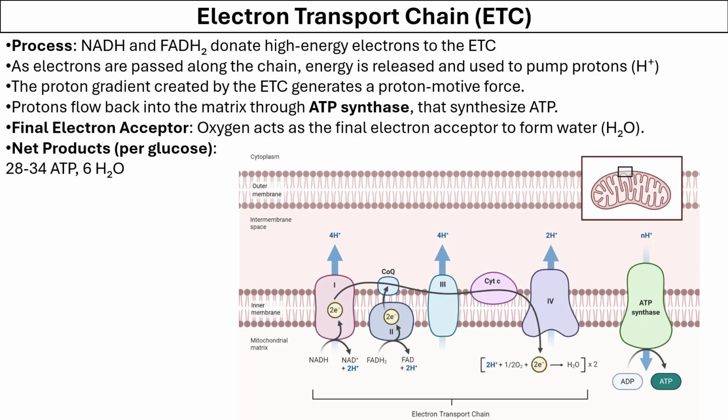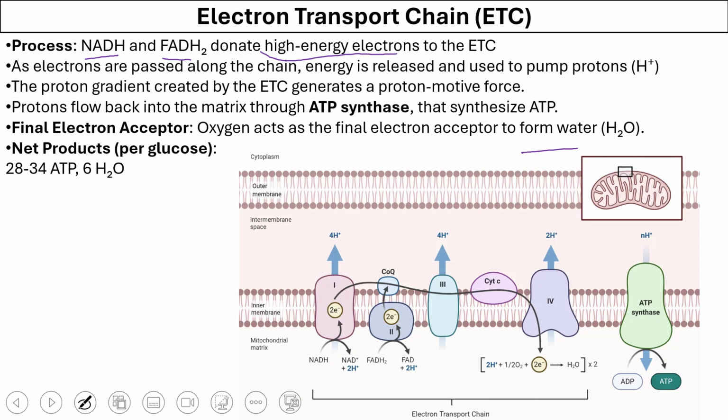Till now, through the 3 steps of glycolysis, pyruvate oxidation, and the Krebs cycle, we have accumulated NADH and FADH2, which are high energy electron donors. These molecules then enter the electron transport chain, which you are seeing here.